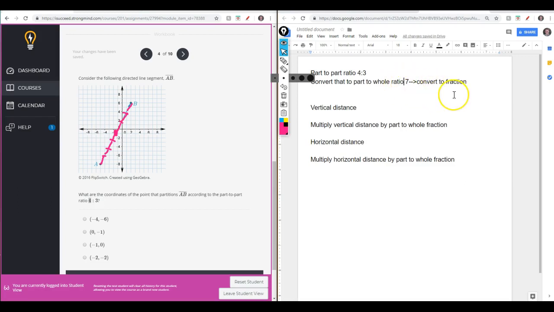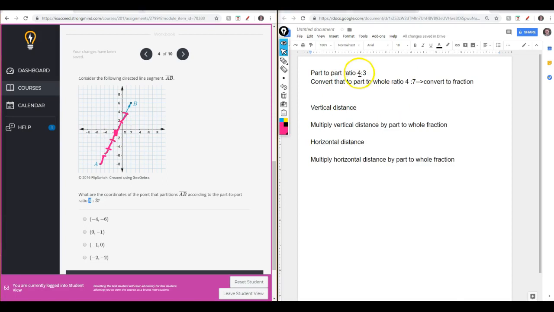So now I want to know, since I'm starting from point A, that means there's going to be 4 segments because that was our first number in our ratio, and we start from point A since it's a directed line segment and the arrow is pointing at B. That means the ending point is at B. So I know that starting at A, there's going to be 4 segments to the point.